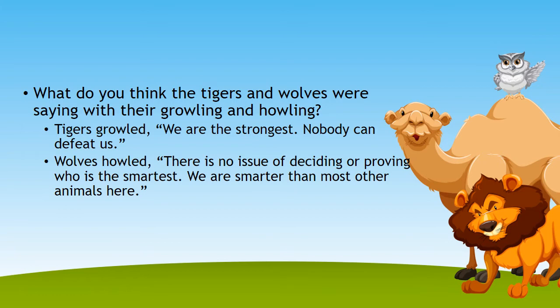You can make a whole dialogue. Tigers growled, "We are the strongest. Nobody can defeat us." Wolves howled, "There is no issue of deciding or proving who is the smartest. We are smarter than most other animals here." You can also write about other animals or what you think the tigers or wolves were saying.